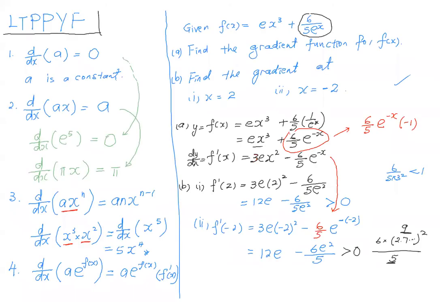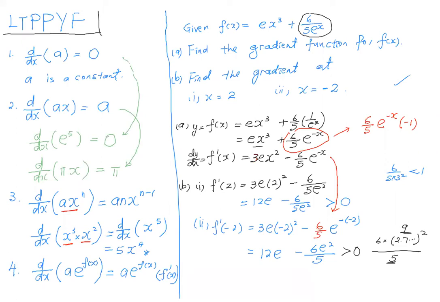Miss, just now, is the greater than 0 a must to put? No, no. I'm just basing it on this question. I try to teach you how to estimate on it. This is not part of the answer. Because I can ask the question: find the gradient at x equal to 2.